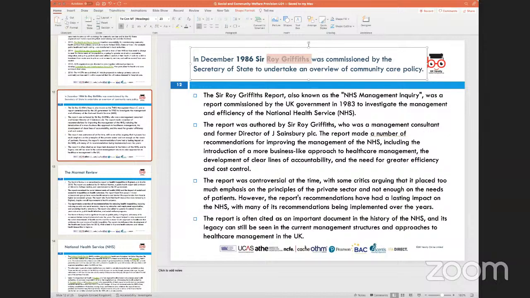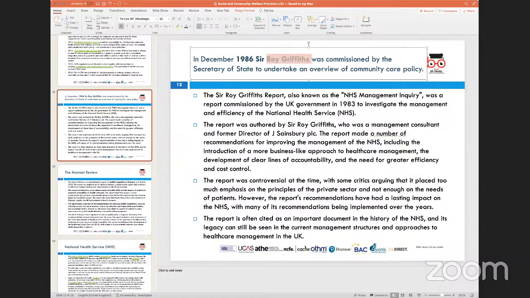Now, this report is also a handout that I'm going to provide as a PDF, and you should go through this particular report. It would help you understand why these changes were introduced and why the government constituted this report way back in 1986.